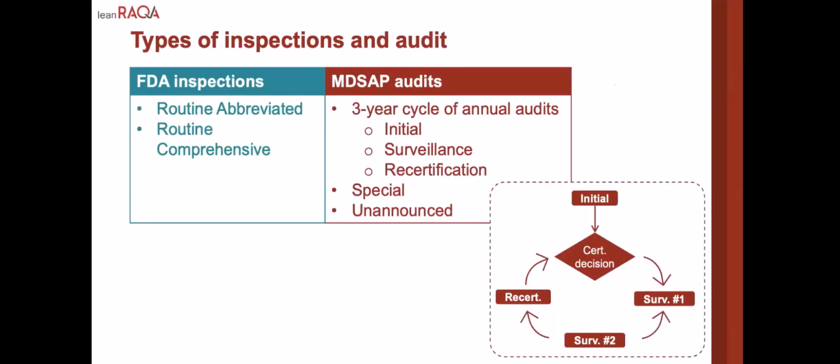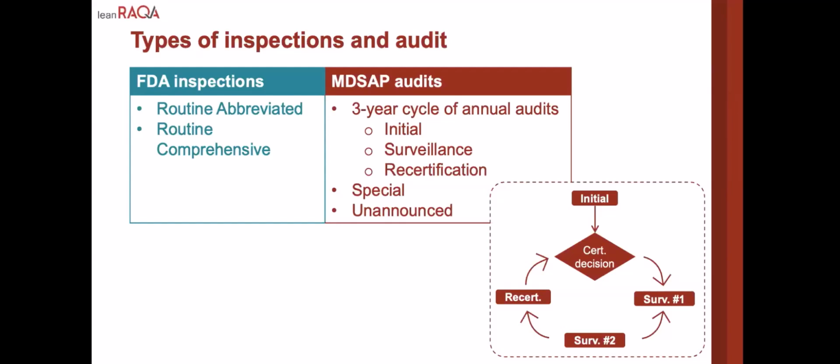Types of inspections versus MDSAP audits. With the FDA, where you can use your MDSAP certificate, that has to be a routine abbreviated or a routine comprehensive inspection. Now, FDA says they come to companies every 2 years or so. I don't think I've ever seen a company where they were doing routine audits every 2 years.